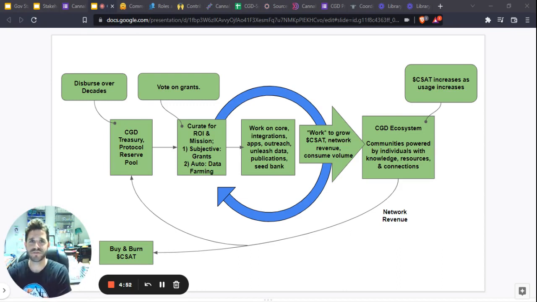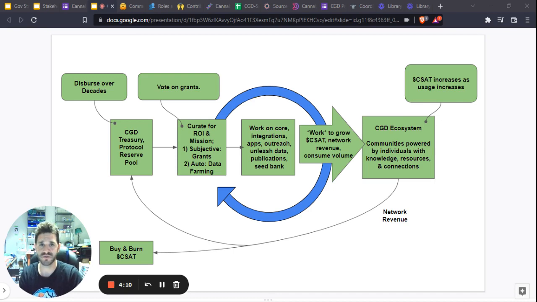Today I'm going to go through the Cannabis Genome DAO sustainability loop. This is how our community can achieve a long-term regenerative financial ecosystem, wherein the token that we have issued will be used to create value for our community, and that value will be, in positive sum, able to, some of it, and I hate using the word value capture, flow back to the community itself, as well as the individuals who are creating that value.